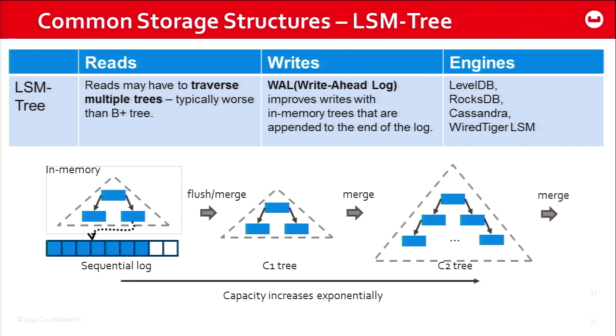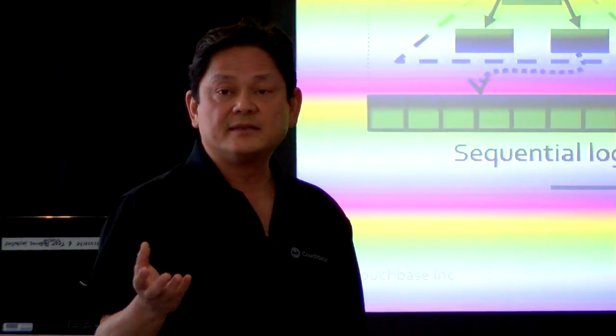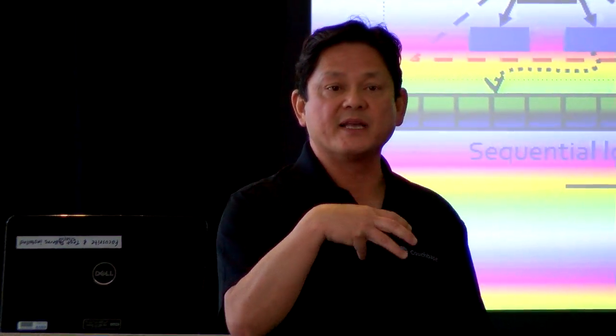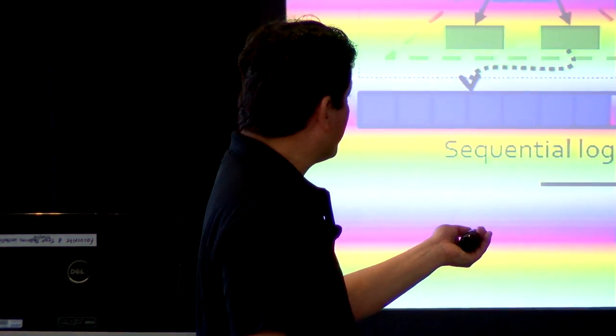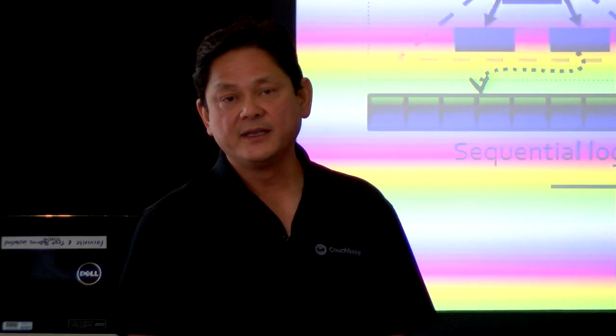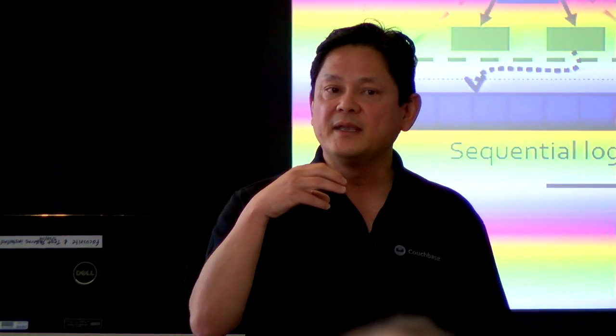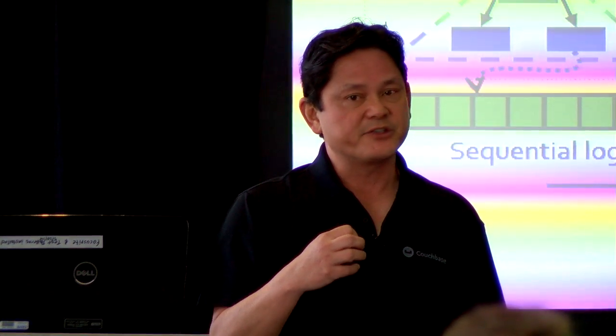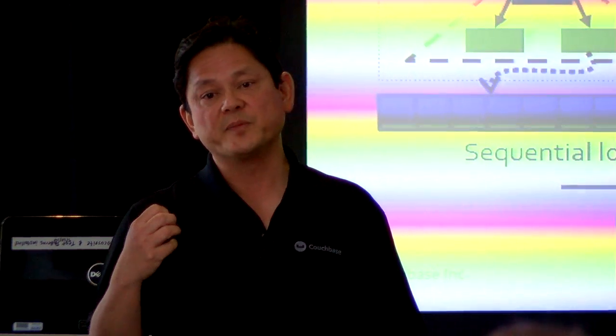So you're writing sequentially, deferring the writes to the index, and then you flush periodically. So it tends to have pretty good write performance, but not as good read performance relative to the B+ tree, because potentially you may have multiple trees that you have to traverse to get to the data that you need. So you have two common storage data structures in the industry: B+ tree optimizes for read, and LSM tree is optimized for write.